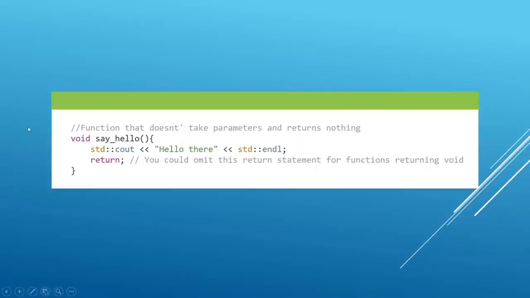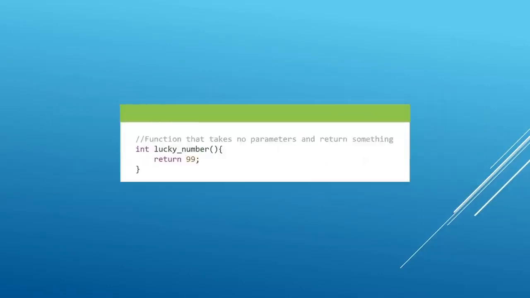Notice that for a void function, we can either omit the return statement here, or we can just put it in like this, say return and a semicolon, and whatever C++ compiler you are using is going to accept this as valid C++ syntax.